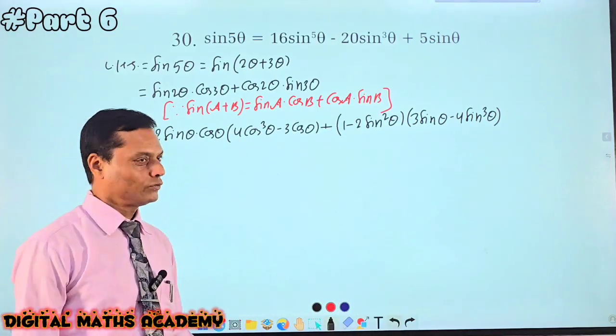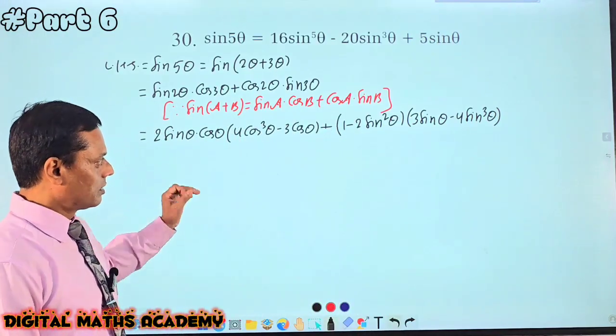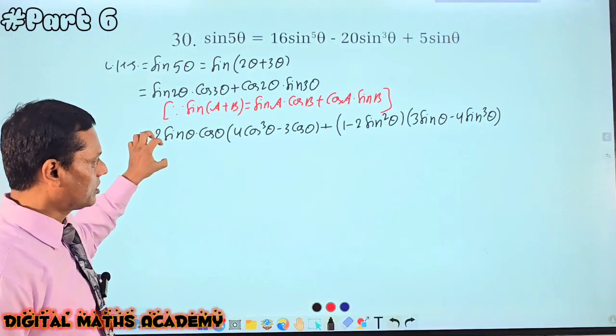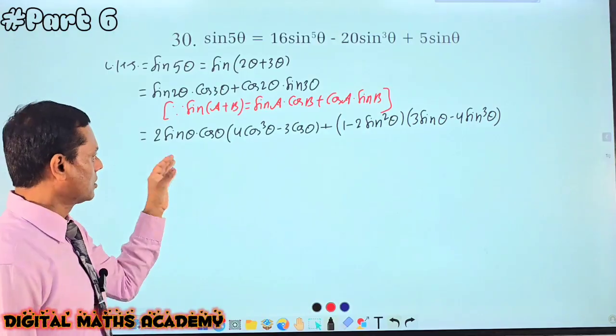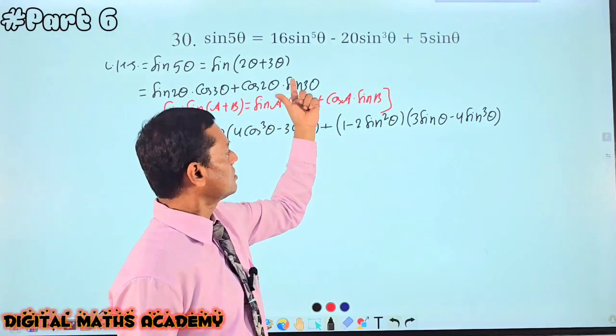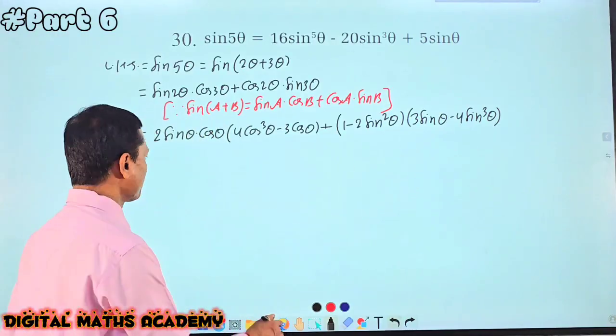I think no need to write the formula inside the bracket, so you can go back, you can see all the formulae, right? If you have any confusion, then you can write in the comment box. So sin 2 theta, cos 3 theta, again cos 2 theta, sin 3 theta, all of you know this formula.